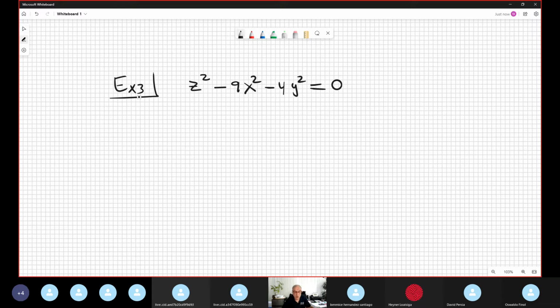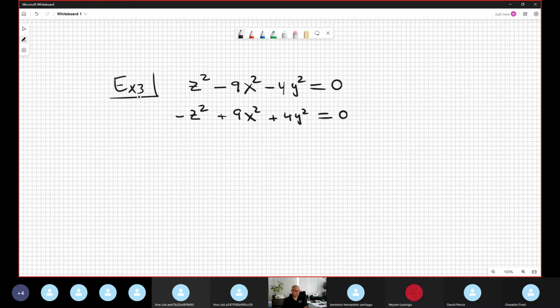Remember, it doesn't matter because you multiply this equation by -1. It's no, professor, but when you explain different. Oh, when you multiply by -1, it's negative z squared plus 9x squared plus 4y squared equal 0. Now it's clear. 2 positive, 1 negative. Entonces ese cono. Actually es doble cono, ¿no?